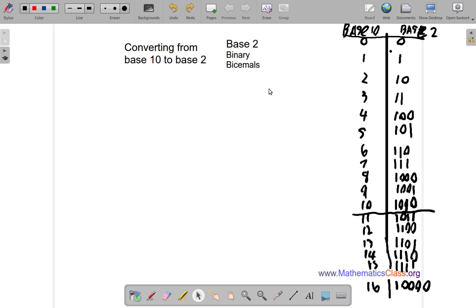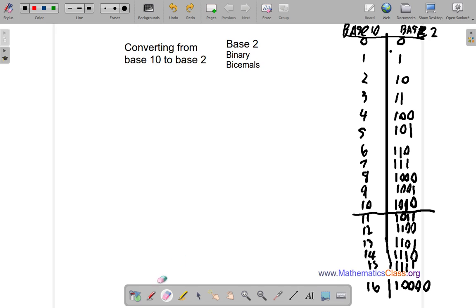Last time we were looking at converting from base 2 to base 10, where what we did with the base 2 number was to write each digit and multiply each digit by 2 to the respective power, and we added them all up, and what you got was your equivalent base 10 number.